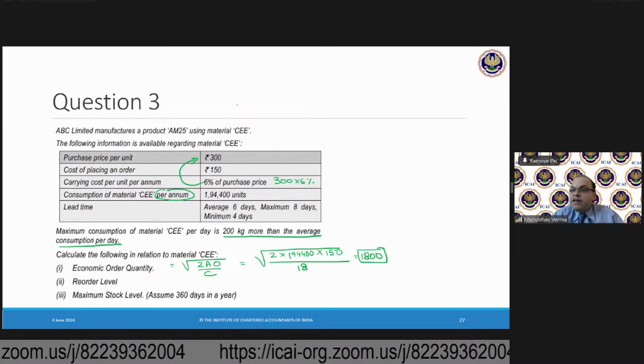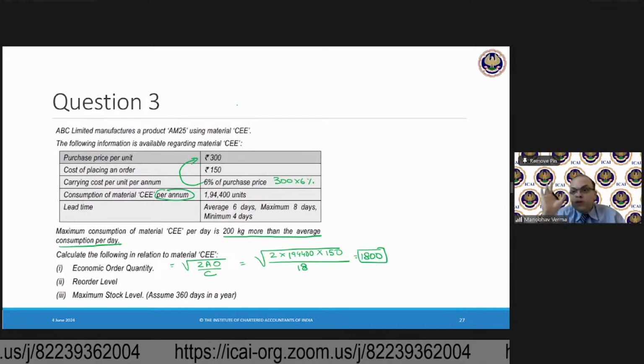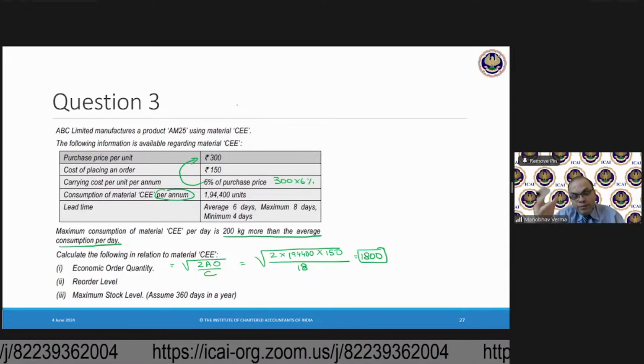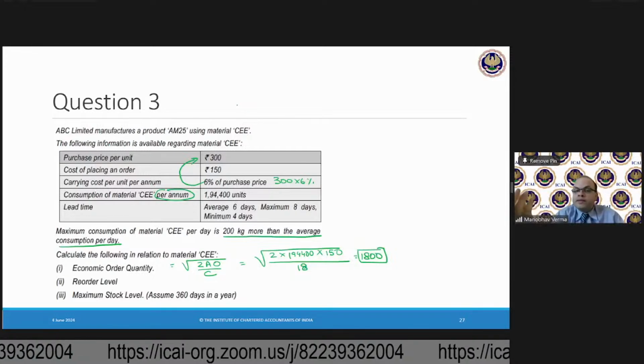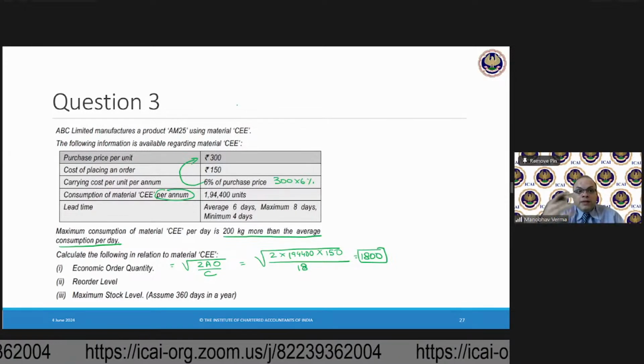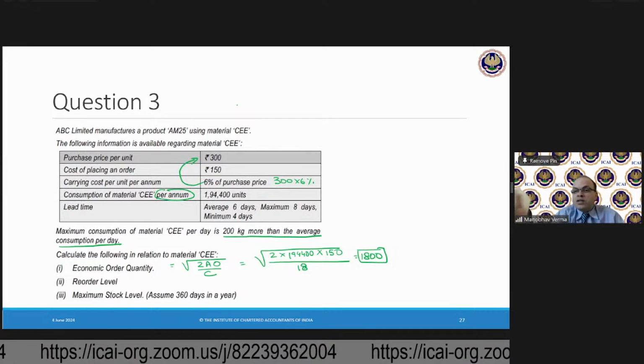It may happen that in some questions both pieces of information are given, then my advice would be to calculate using both. The answer may be different, but in practice, industry may be following whichever information they have, or based on their working capital policy, whether they want to be optimistic, aggressive or conservative.